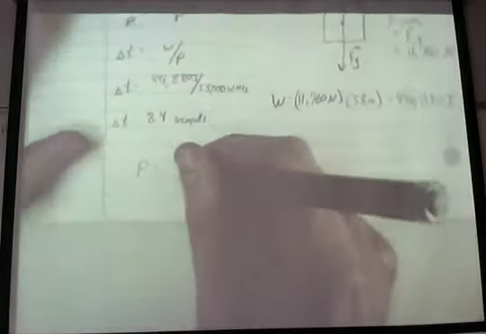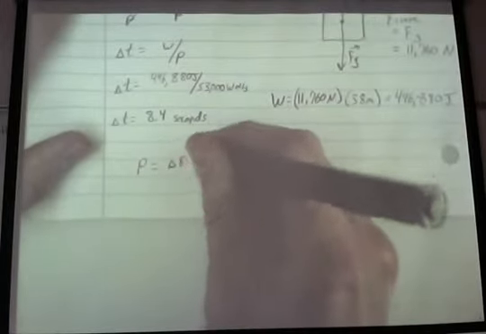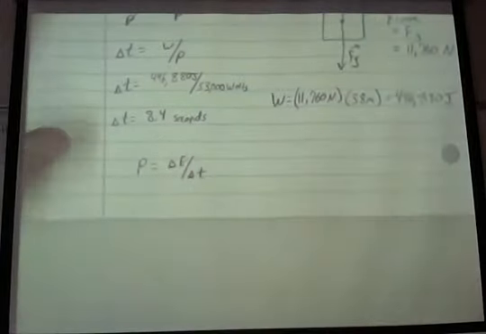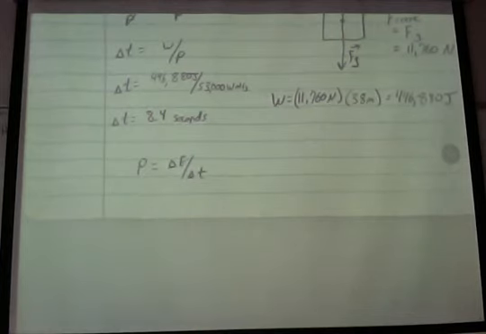Alternatively, you could have solved this problem using the potential energy equation. Instead of the form power equals work divided by delta t, we could have used power equals delta E over delta t, where our change in energy is going to be how much potential energy our object gains as it is raised up the 38 meters.